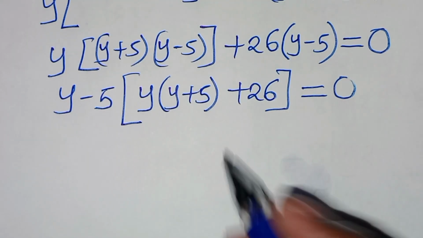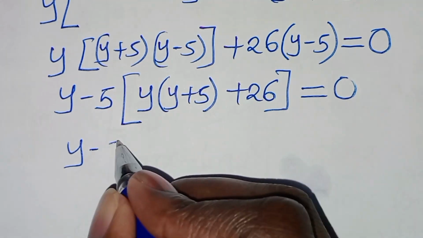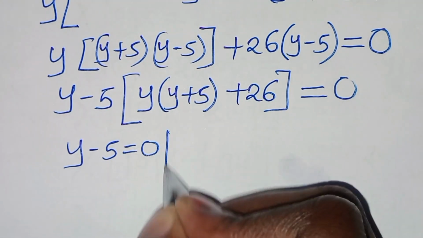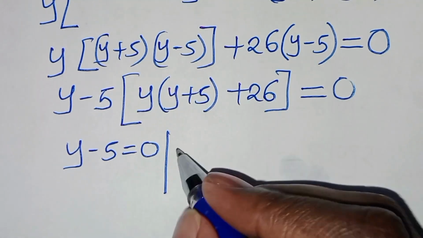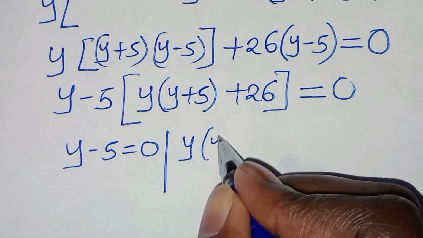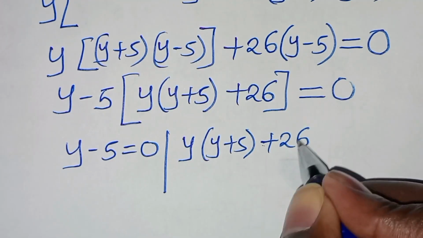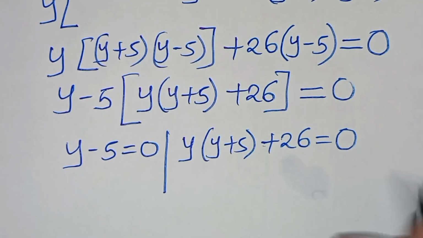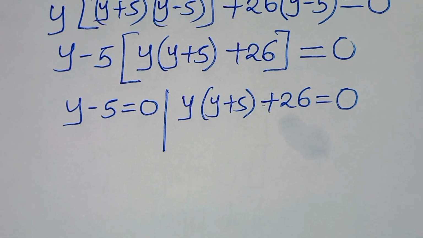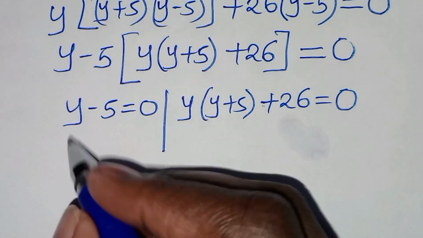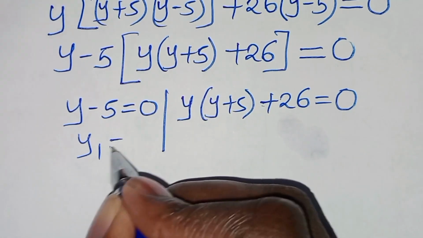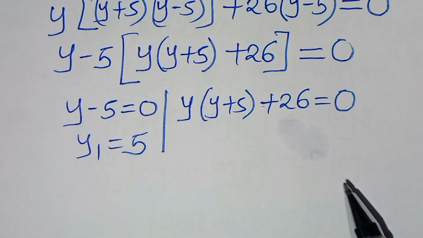So here we have two parts. We have y minus 5, this is equal to 0. The second part here is y times y plus 5, then plus 26, this is equal to 0. Now this implies that y1 is equal to 5.